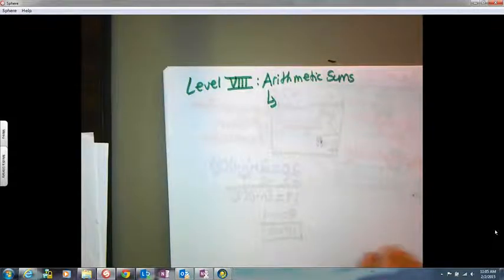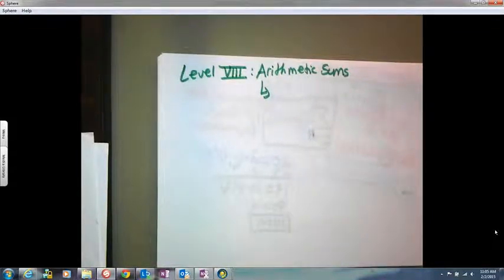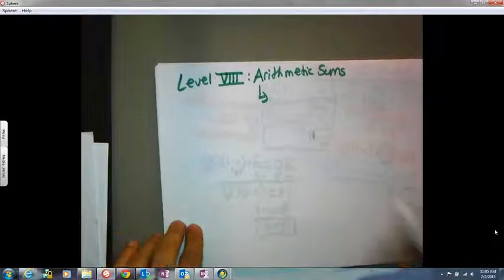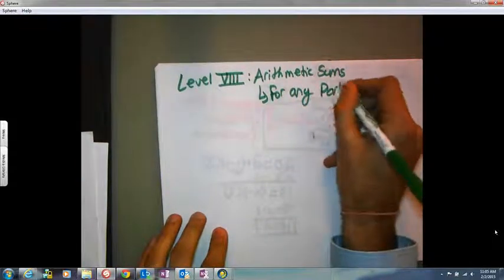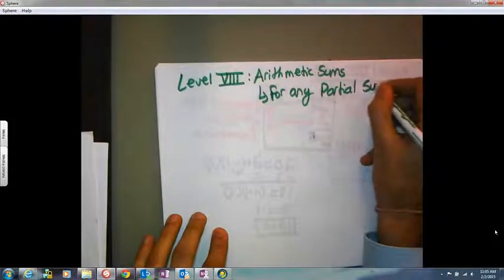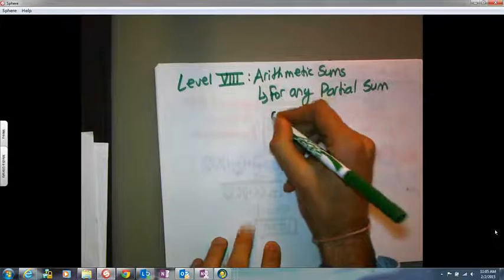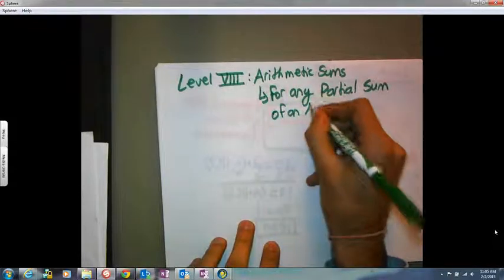The formula says this: for any partial sum of an arithmetic sequence, and remember from Friday, a partial sum is when you add up a portion of the terms.